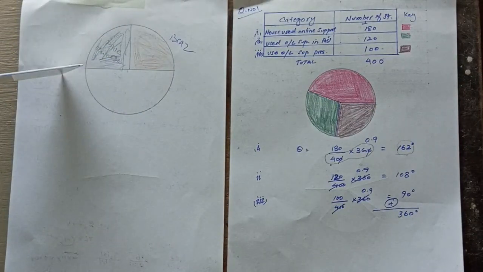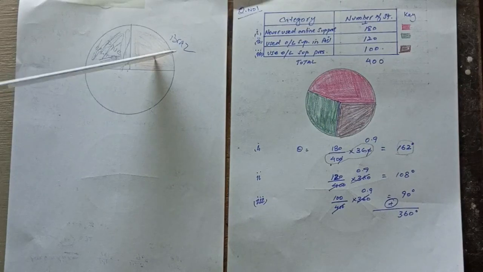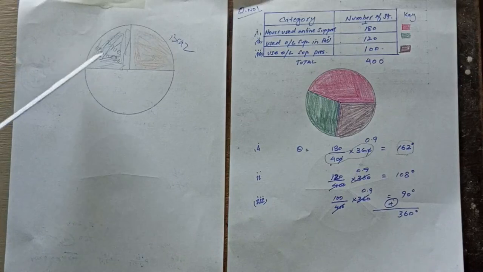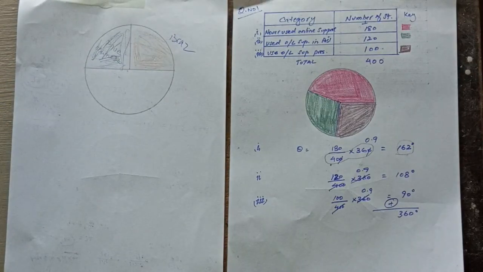If this is 90, then obviously the remaining portion will also be 90-degree, and the total portion is 180-degree.